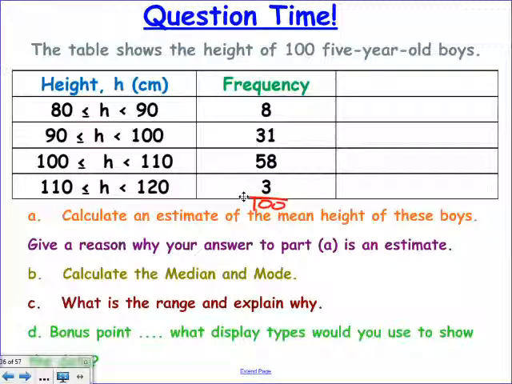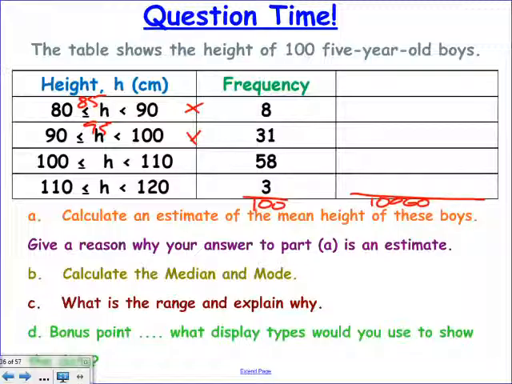So it's a frequency table, but with grouped data. So everybody cottoned on to the fact that you have to take your midpoint, which is 85, 95 and so on, and multiply it by your frequency. And when you do all that, what's the total here? 10,060.